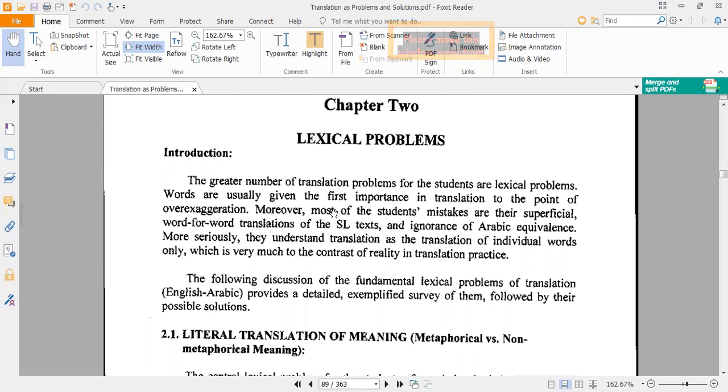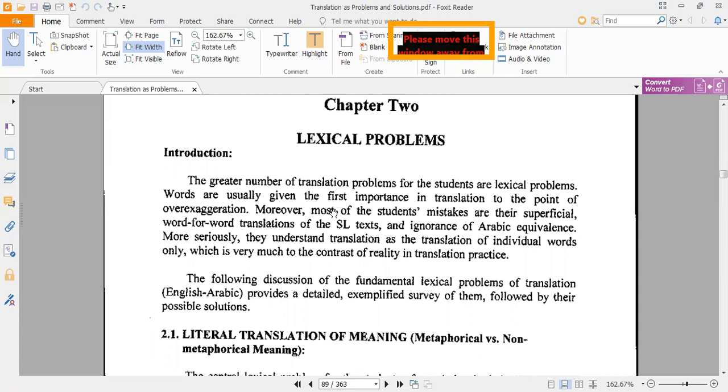Also, we have talked about the translation of conditional sentences from English into Arabic, and we said that in English we have three main types or three main uses of conditional sentences, while in Arabic we have only two types of conditional sentences.